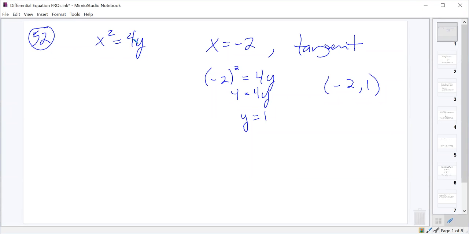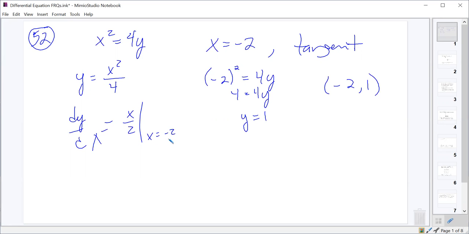We could do this implicitly, or we could just make this y equals x squared over 4. That would give us dy/dx equals 2x over 4, or just x over 2. And we need to evaluate that at x equals -2. We don't need the y value to plug it in; we're just going to need it for our final equation at the end.